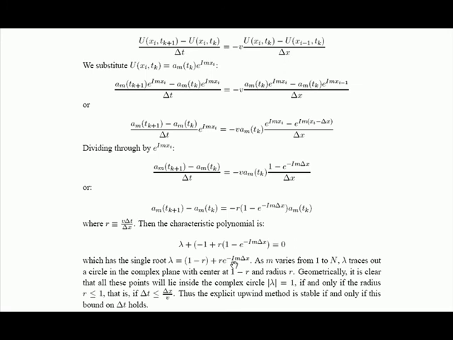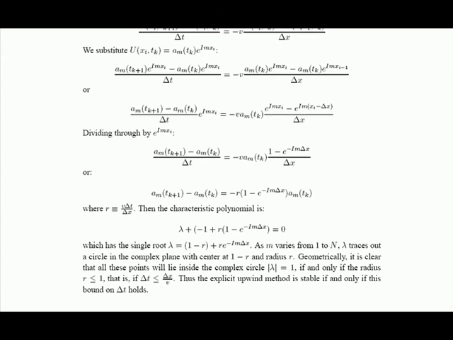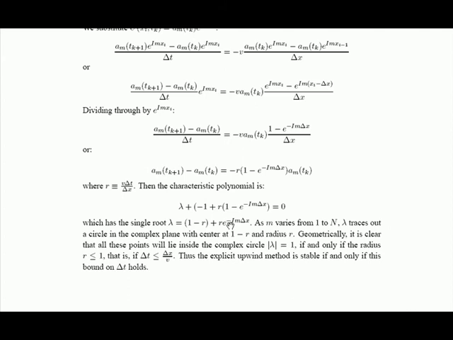So the question is, is this less than or equal to 1 in absolute value for all m? If so, it's stable. If it's ever bigger than 1 for any m in absolute value, then it's unstable. You could do a more direct analysis of the absolute value of lambda here, but the simplest way is to look at this in terms of the complex plane. Lambda can be complex here, i being the square root of minus 1.